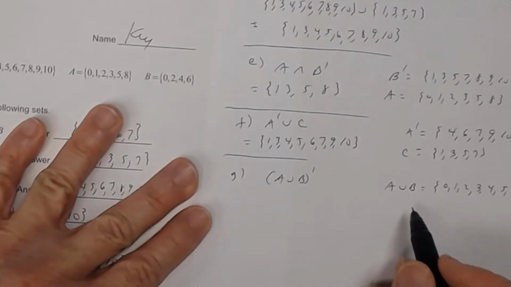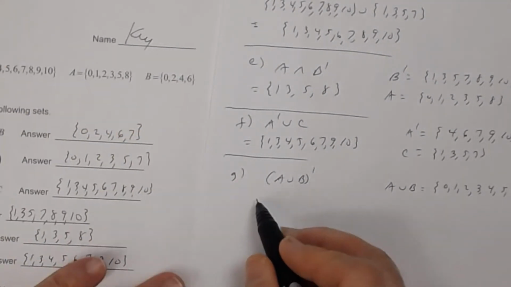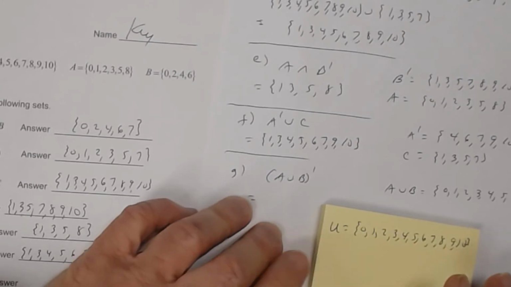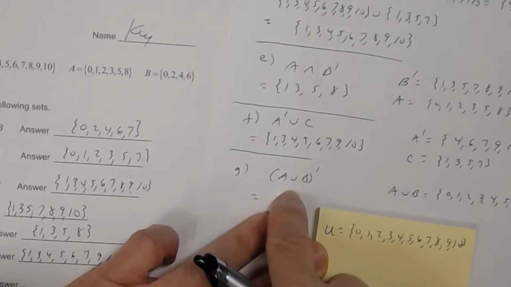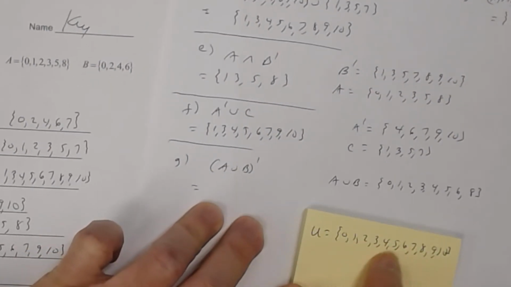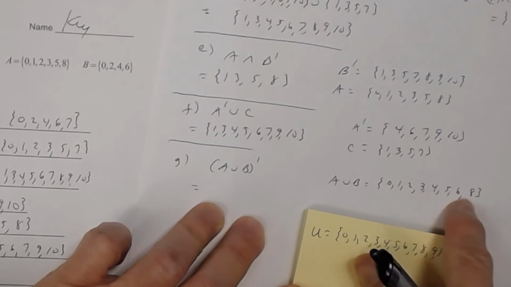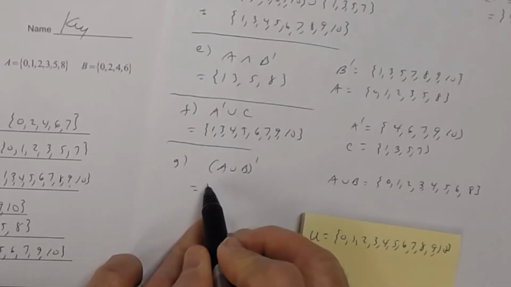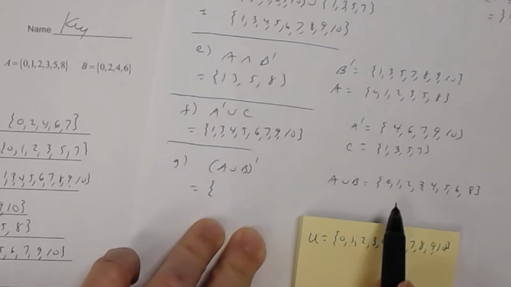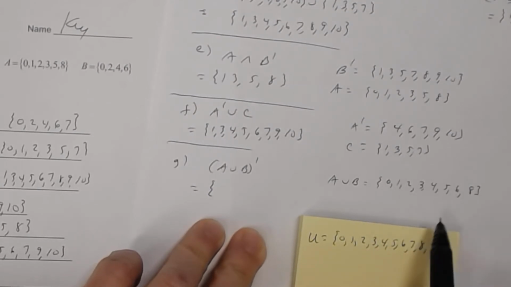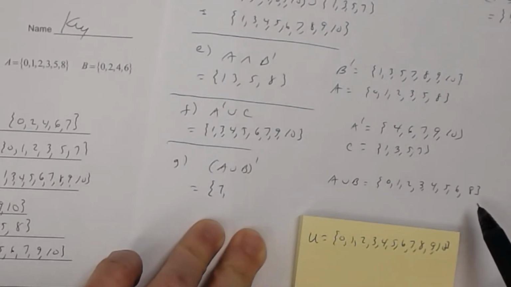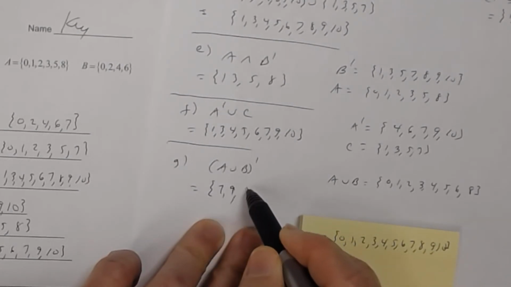Okay. But we need to look at the complement. So the complement is this. Whenever you look at the complement, you look at the universal set. So the complement of this would be every element of the universal set, not including the union of A and B. So I don't use 0, 1, 2, 3, 4, 5, 6, I use 7, I don't use 8, I use 9, and I use 10.